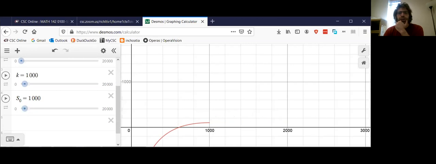The reason we might want to think about things this way is that if we can't control K, we might be able to control S sub 0.